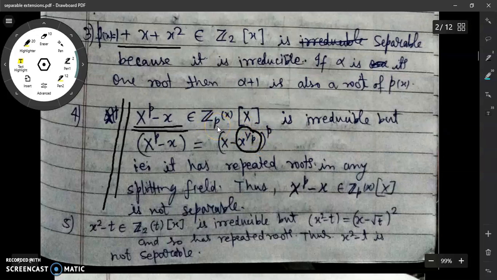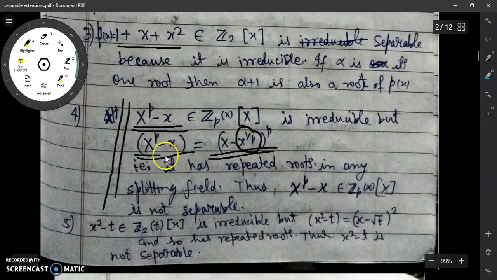Therefore, n times x is equal to 0 for every n which is a multiple of p. So if we use the expansion of x minus small x power 1 upon p, whole power p, and expand it by the binomial theorem, replacing each term which is a multiple of p by 0, then we observe that this will become this.